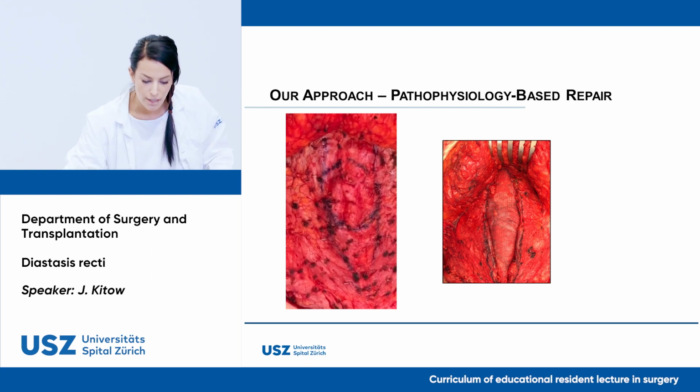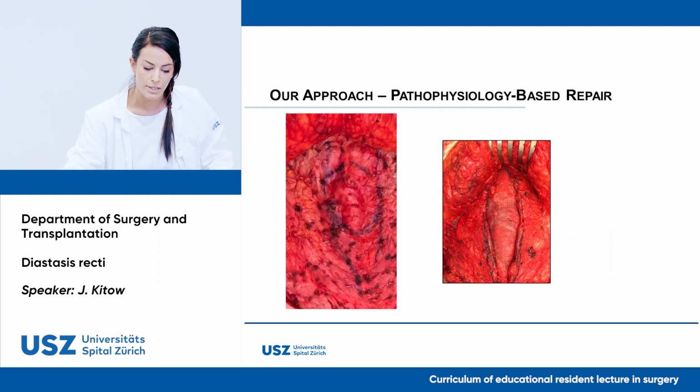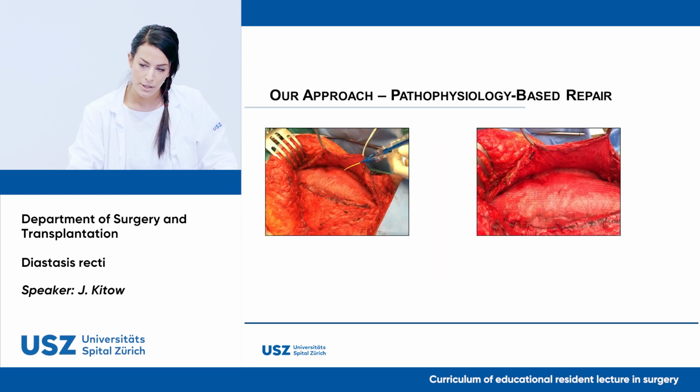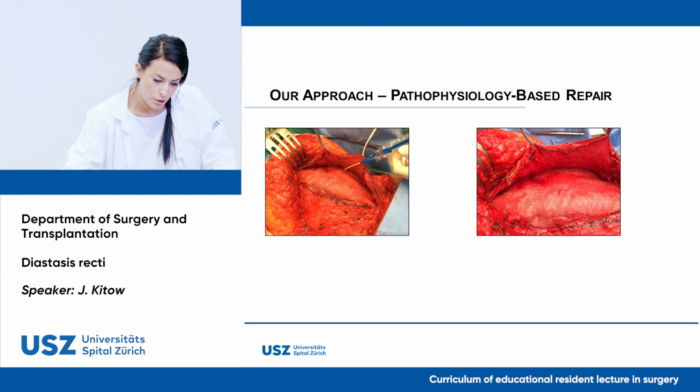This is what you can see here: rectus muscle, linea alba is cut away, and the mesh is already in position. Next we apply some fibrin glue for hemostasis, and then we suture both sheets back together.